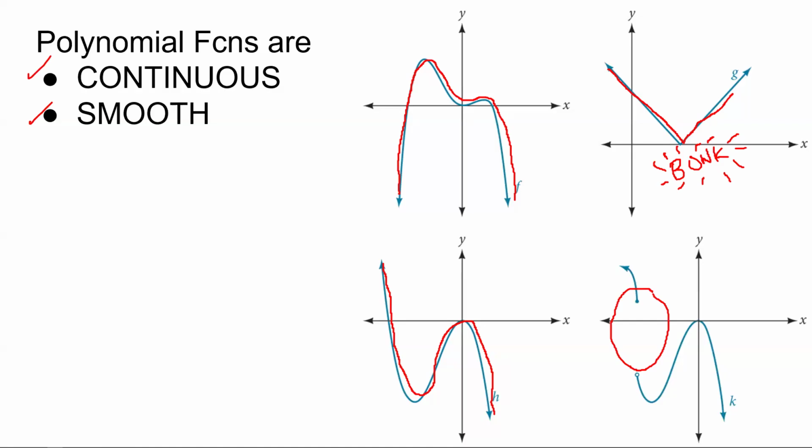That is not continuous. So just kind of throwing a couple terms out there that are worth thinking about, and that's not what we want. All right. But we're talking about polynomials, so hopefully that's not even an issue. Okay.